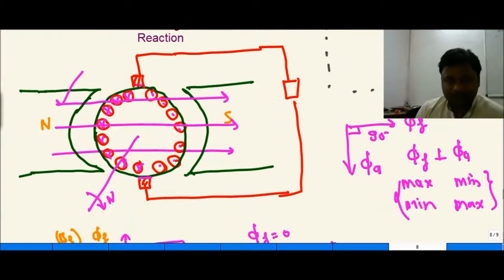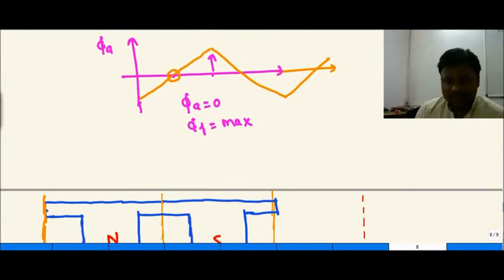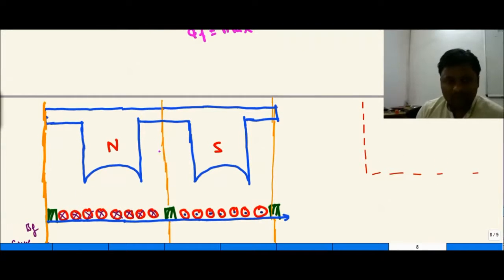So we can say that under the influence of north there are cross conductors, and under the influence of south there are dot conductors.